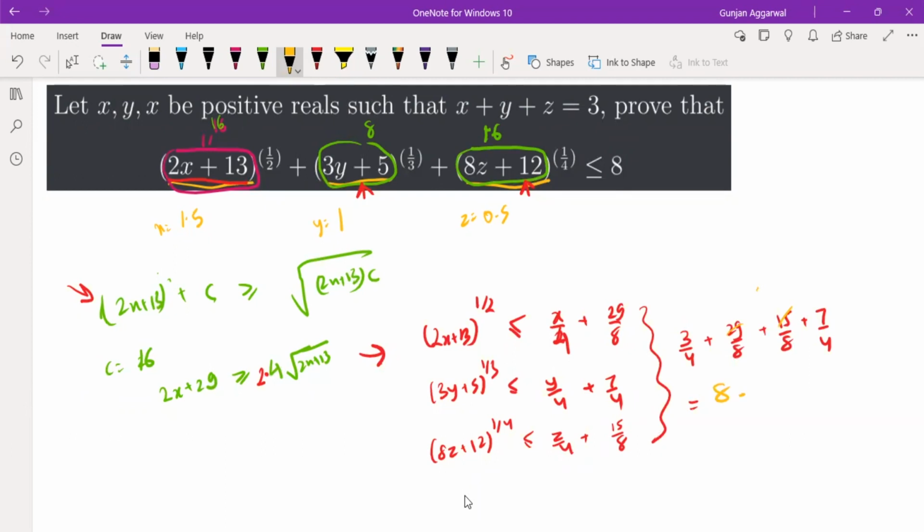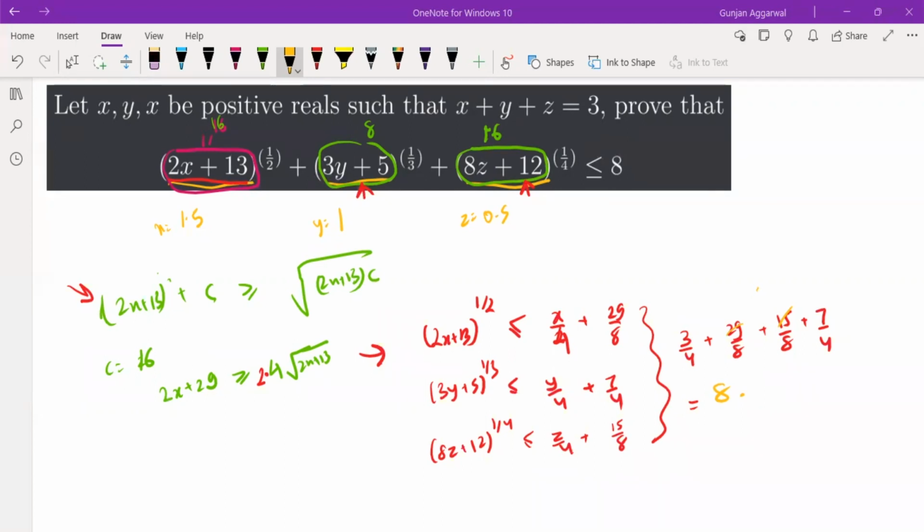Yeah, this comes out to 64 by 8, which is exactly it. Is this okay for everyone? Yeah.